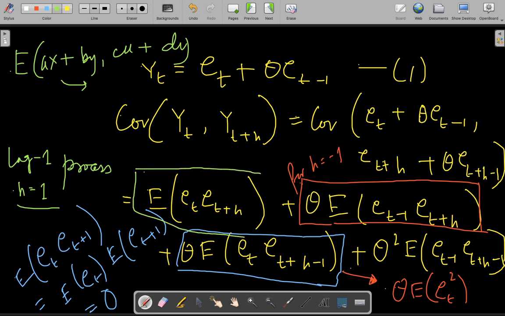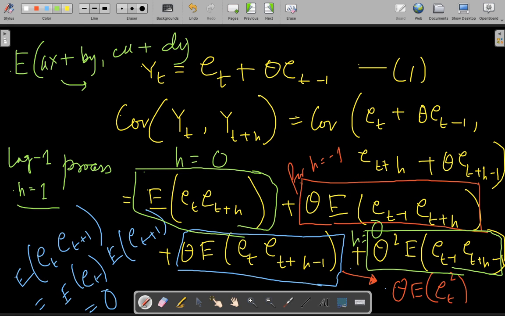Here I'm going to get a sigma square, and here theta square sigma square.